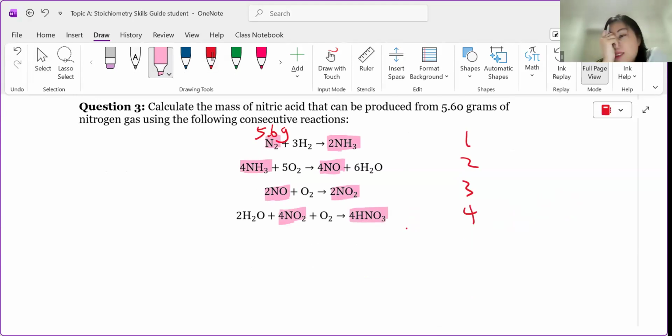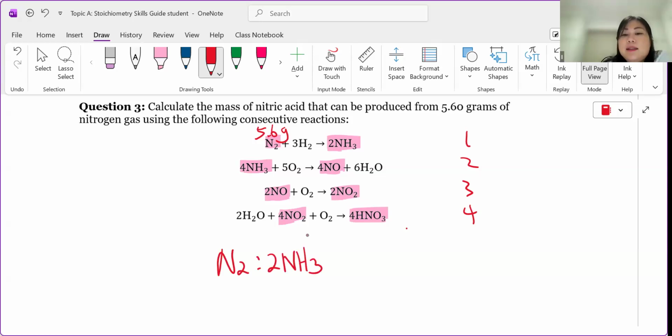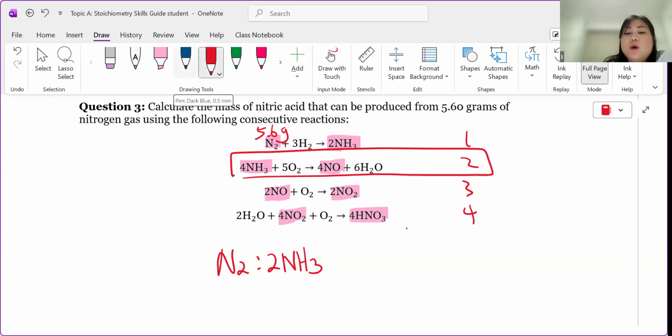So we can see that all these items I've highlighted are related. For 1 mole of N2, I will get 2 ammonia. That's what equation 1 is telling me. Apply the 2 ammonia into equation 2 now. If I have 2 ammonia, what NO will I get?